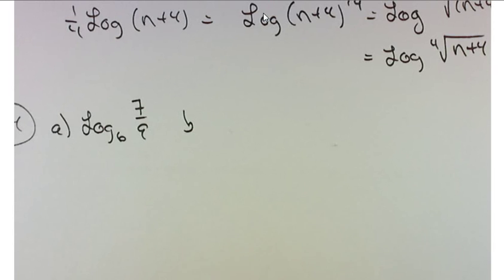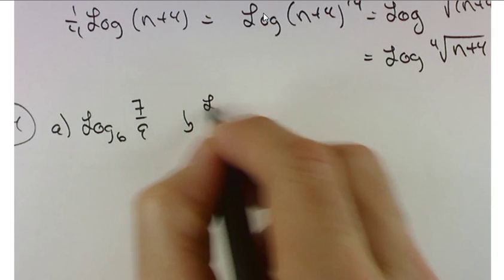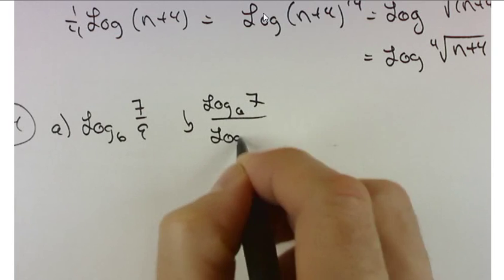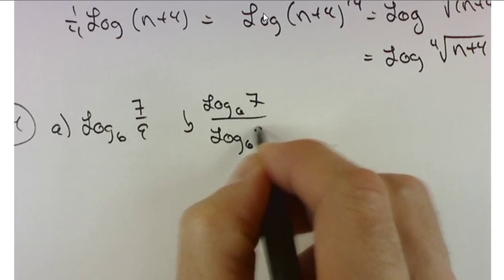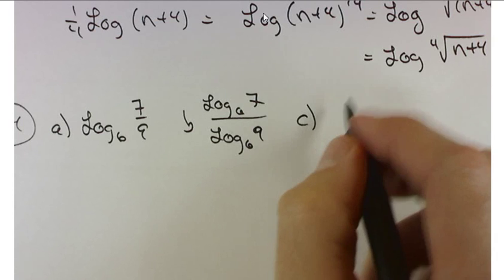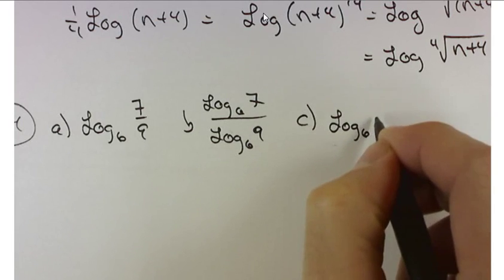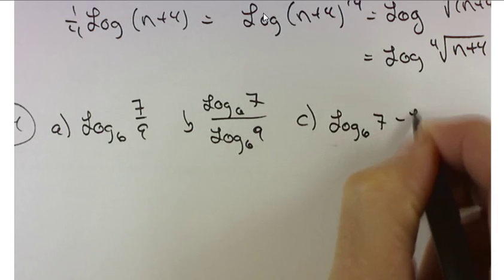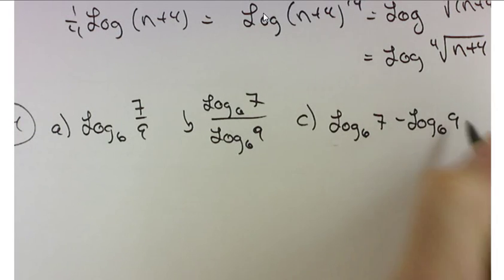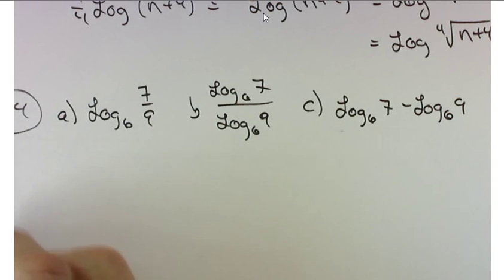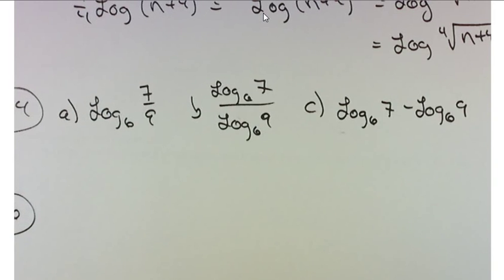B is this expression, log base 6 of 7 over log base 6 of 9. And C is this expression, log base 6 of 7 minus log base 6 of 9. The question is, which of these are equivalent? Which of them effectively mean the same thing?